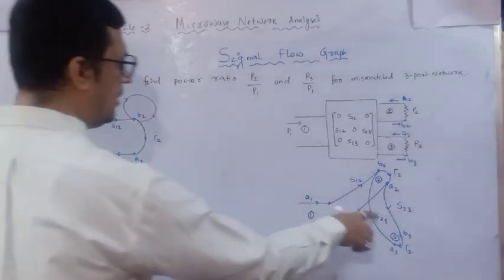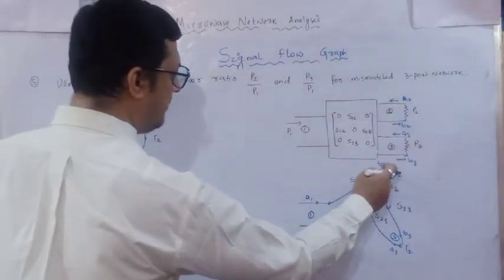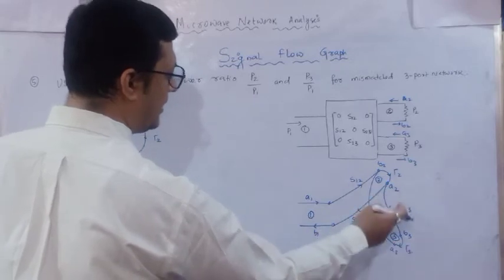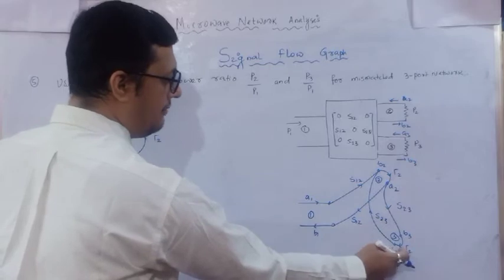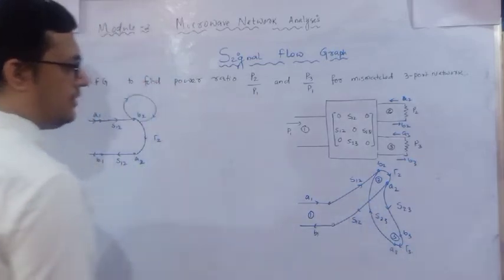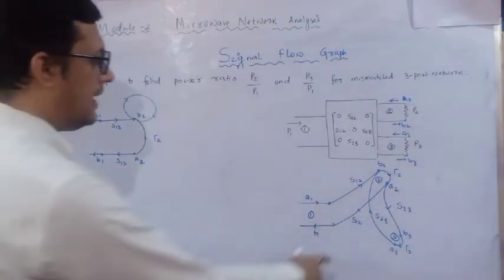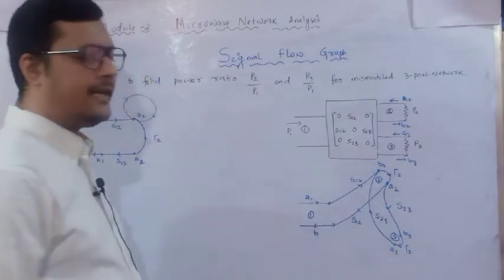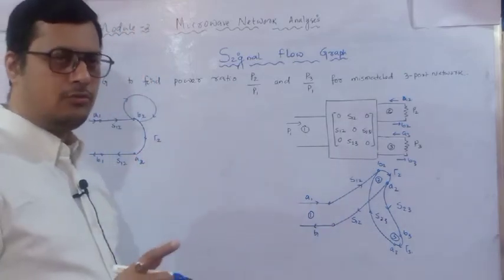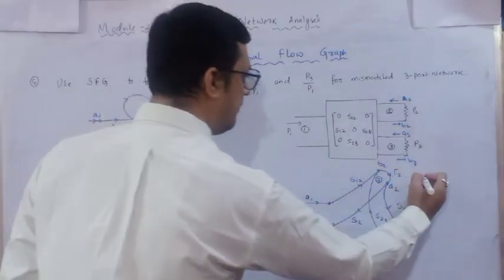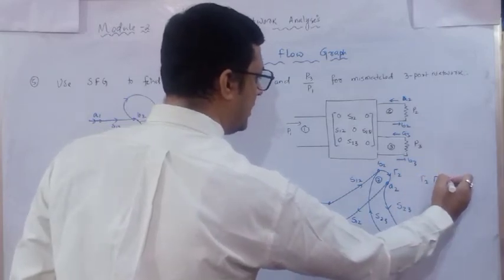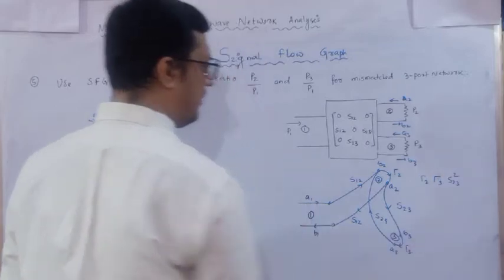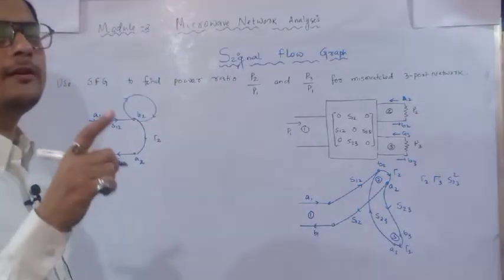If I multiply, you can see this loop is multiplied. So it is reflection coefficient 2, S23, reflection coefficient 3 and S23. So the self loop with respect to B2, the self loop resultant value is reflection coefficient 2, reflection coefficient 3 and S23 whole square. So this is the self loop gain.